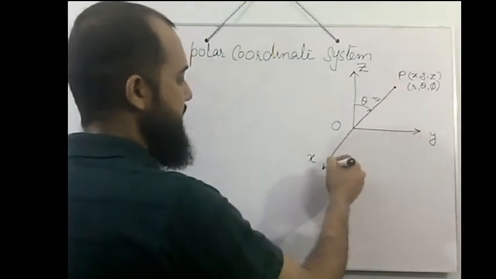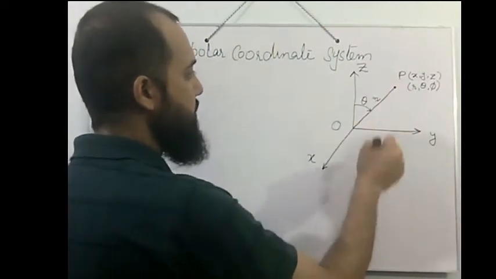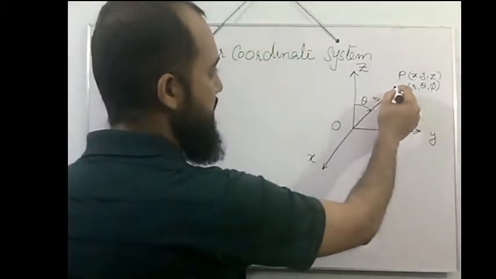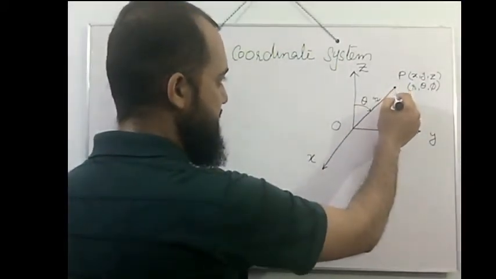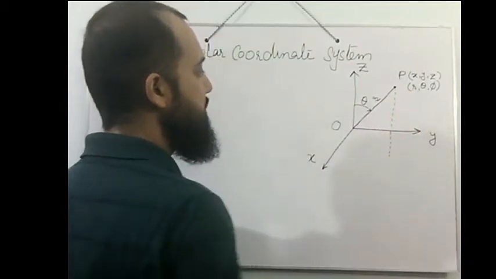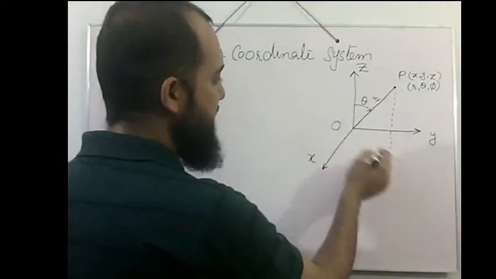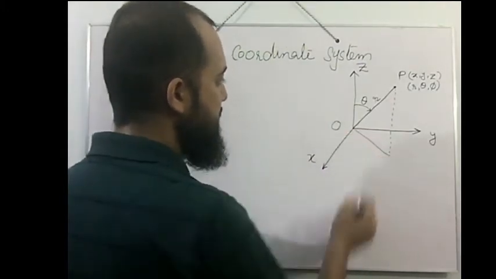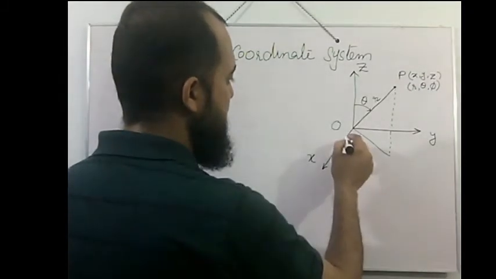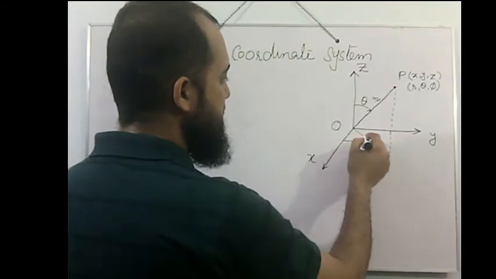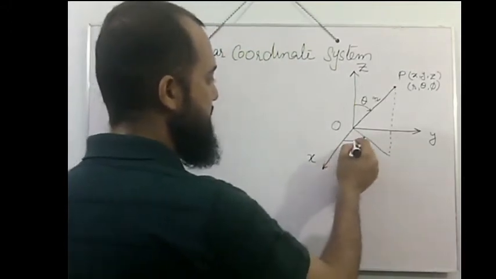This is the x axis, this is the y axis, and they are all perpendicular to each other. Now if we drop a perpendicular on the xy plane, and we join a line from the origin to the perpendicular, this line making the angle from the x axis is called phi.